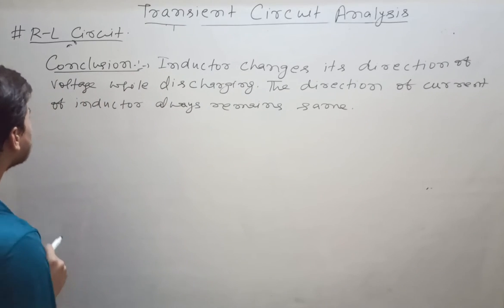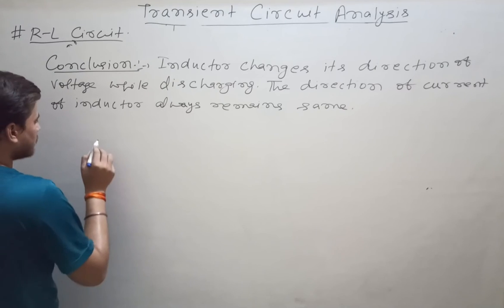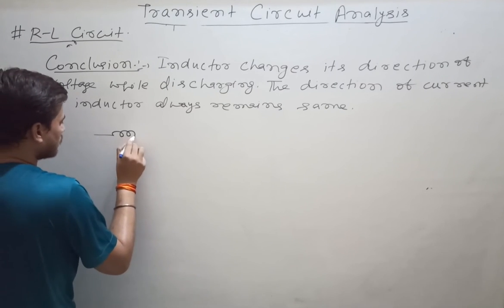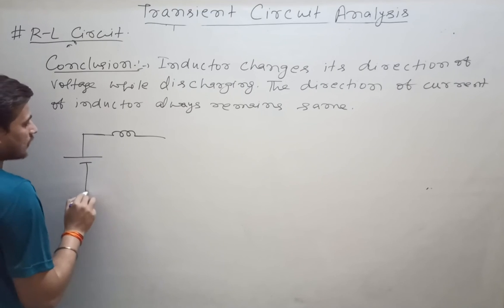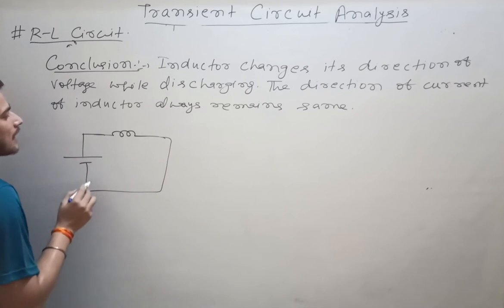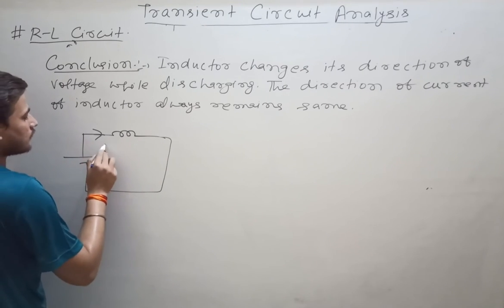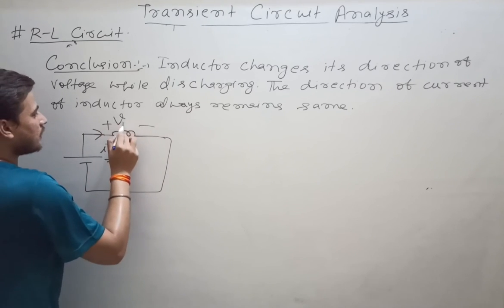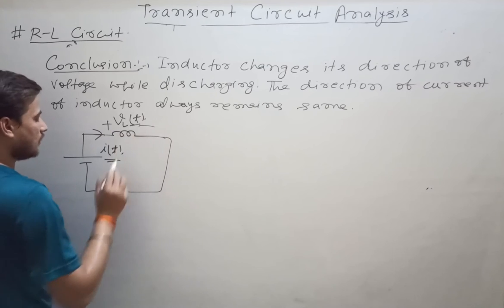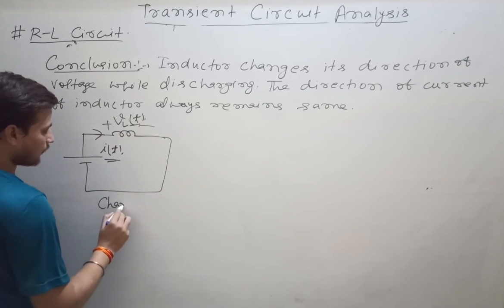Clear? Let us understand. If you are giving some supply to the inductor, then current is flowing like this, and there will be the voltage drop across the inductor. This is VLT. So this is the charging mode.